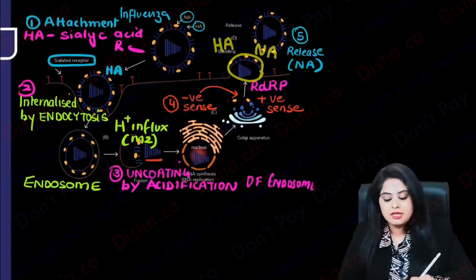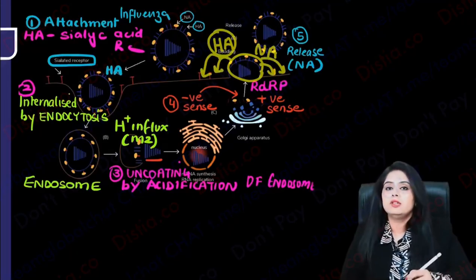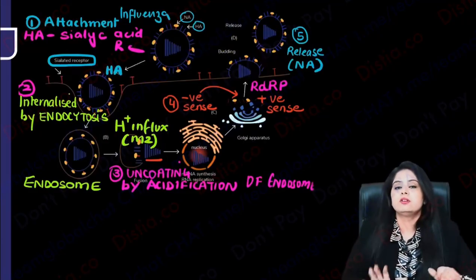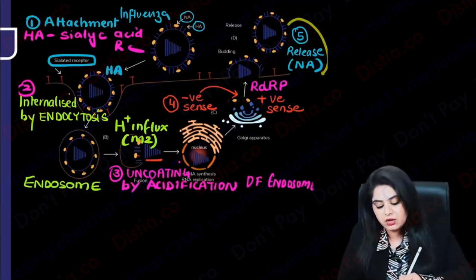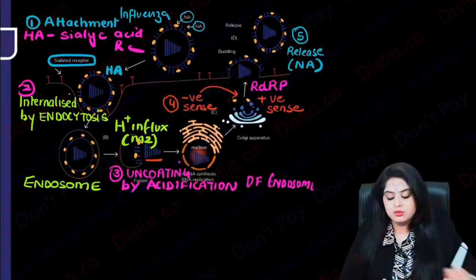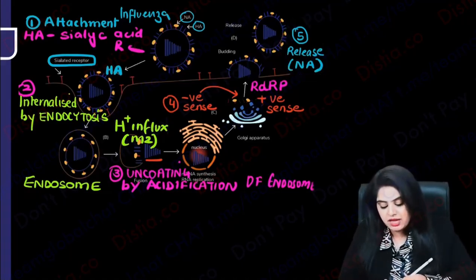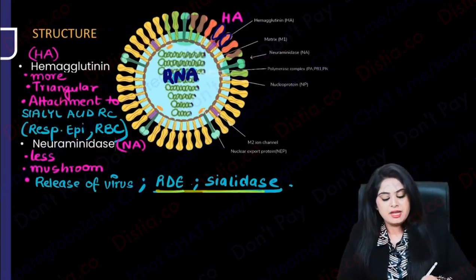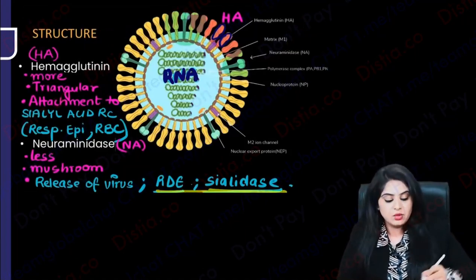You will say that, ma'am, hemagglutinin was for attachment. Why didn't the virus come back and get attached over here only? It had hemagglutinin. The new virus could have come back and gotten attached over here only. Why did it not do so? Because of neuraminidase, I had promised you I will tell you one name. Neuraminidase is a sialidase. What will it break?